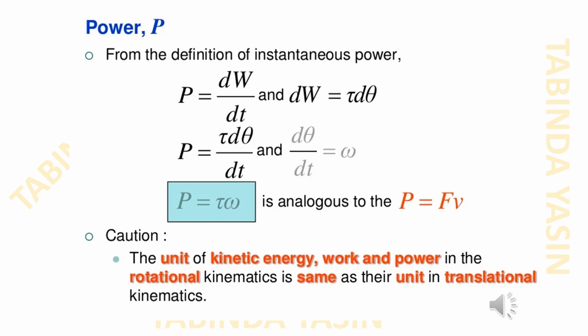That is analogous to the power formula P is equal to Fv. Now, something to remember: the units of kinetic energy, work and power in rotational kinematics are the same as in translational kinematics.